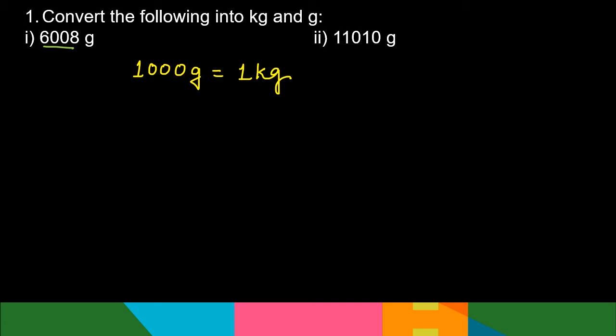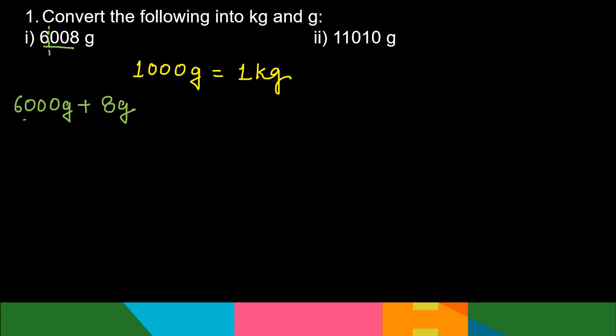So we have to break this number from thousands place. That means we will write 6000 gram plus 8 gram. We have separated this number from thousands place because in 1 kg there are 1000 gram. So we will take this digit which is at 1000 place and write its place value.